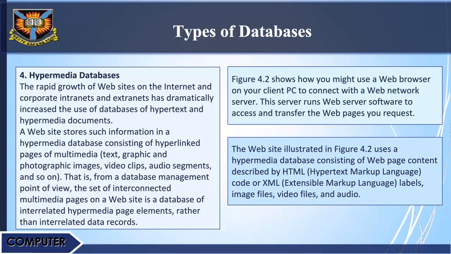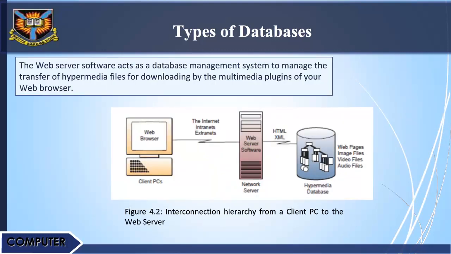The website illustrated in Figure 4.2 uses a hypermedia database consisting of web page content described by HTML, Hypertext Markup Language code, or XML, extensible markup language labels, image files, video files, and audio. The web server software acts as a database management system to manage the transfer of hypermedia files for downloading by the multimedia plugins of your web browser.